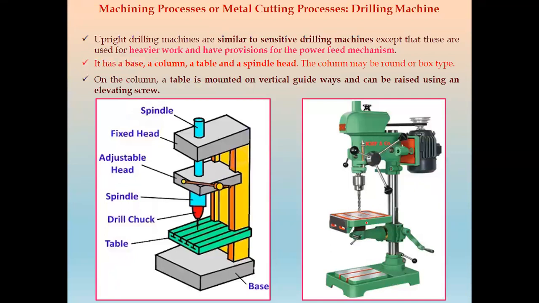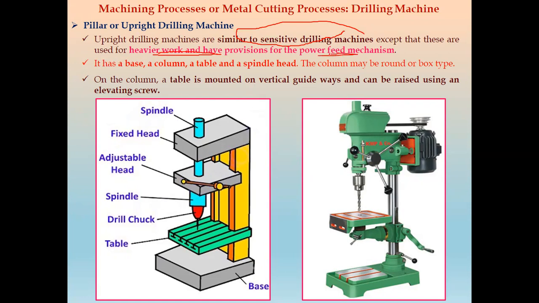Now we have the upright drilling machine, also called the pillar drilling machine. In the case of the upright drilling machine, they are similar to the sensitive drilling machine, except that these are used for heavier work and have a provision for a power feed mechanism.